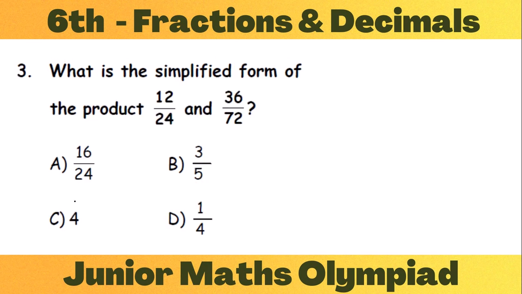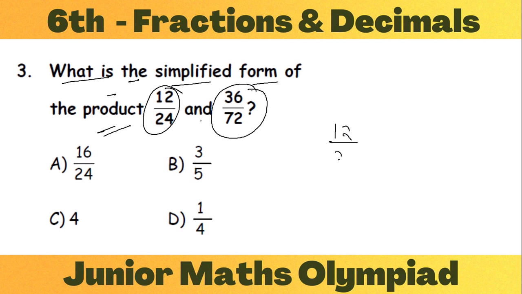Next children. Third question. What is the simplified form of the product 12 by 24 and 36 by 72? We have fractions 12 by 24 and 36 by 72 children. We have to find out their product but in simplified form.